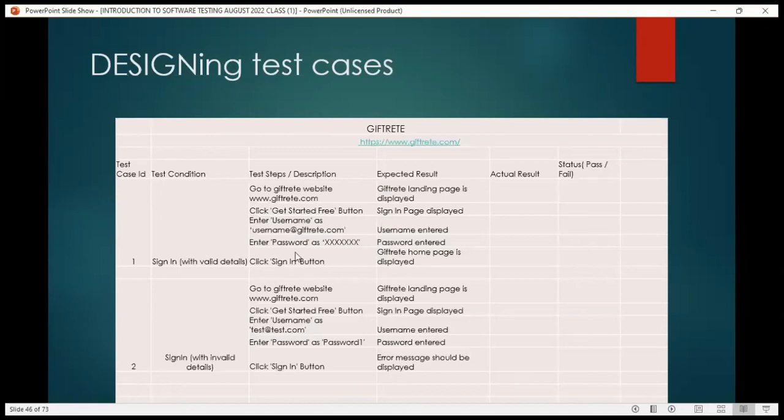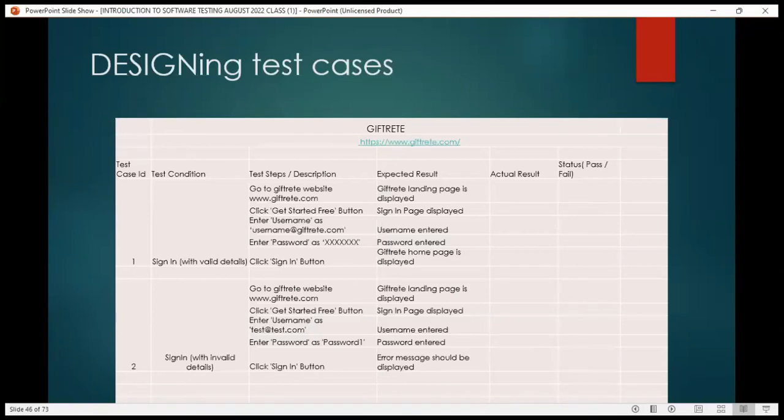I enter my password as password111. Password entered. Then I click the sign in button. What happens? Voila, the GiftTreat home page is displayed. Simple scenario, lovely login, easy to do. Happy path. That is my expectation.